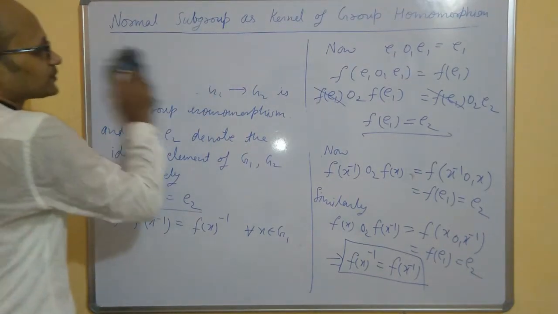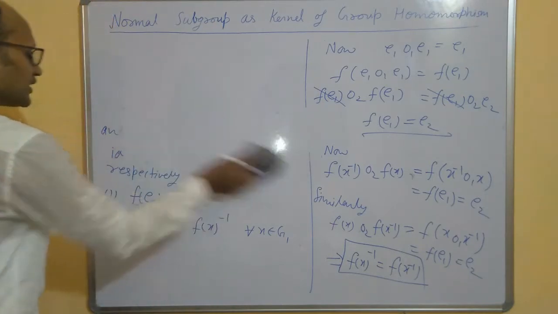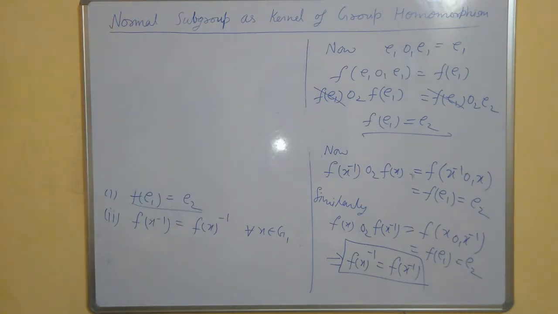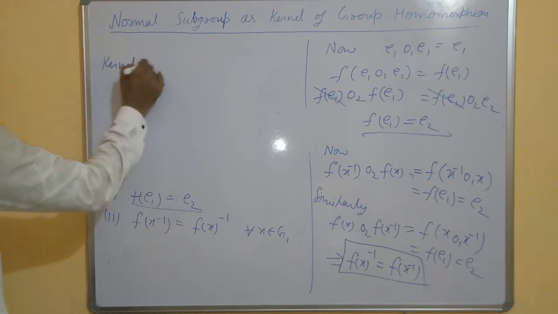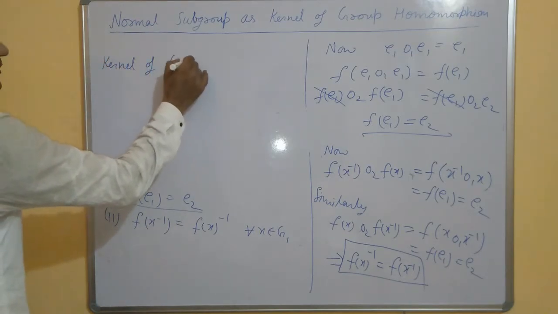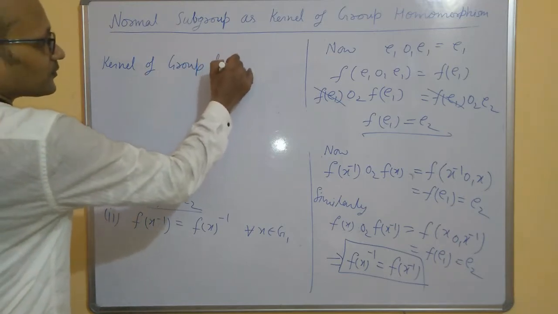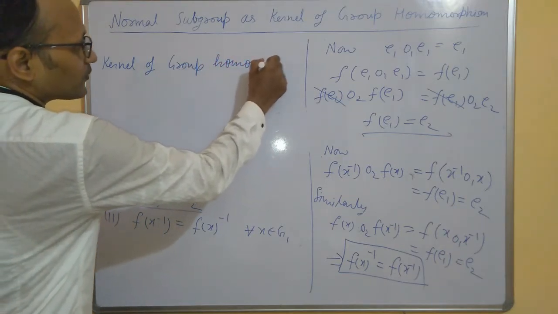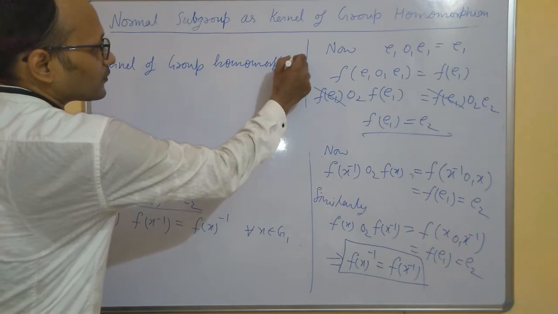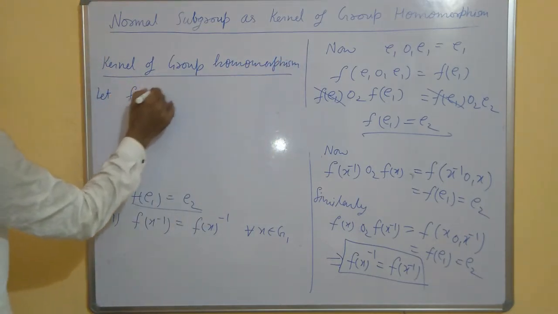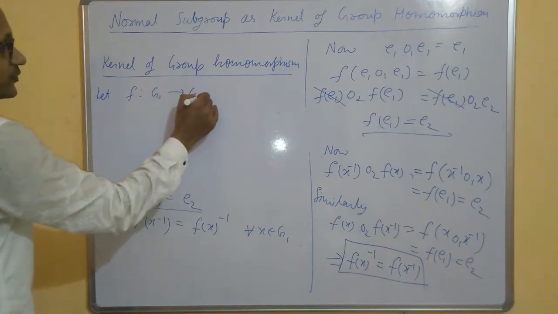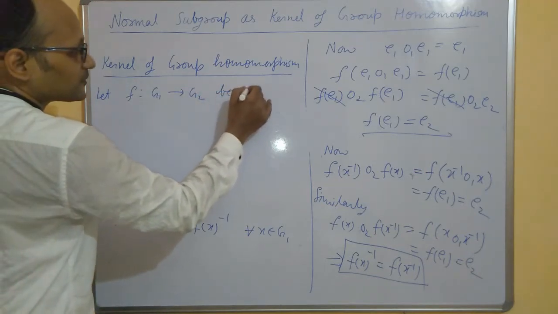Now let me define the kernel of a group homomorphism. So what do you mean by kernel of group homomorphism? Again let f from G1 to G2 be a group homomorphism.